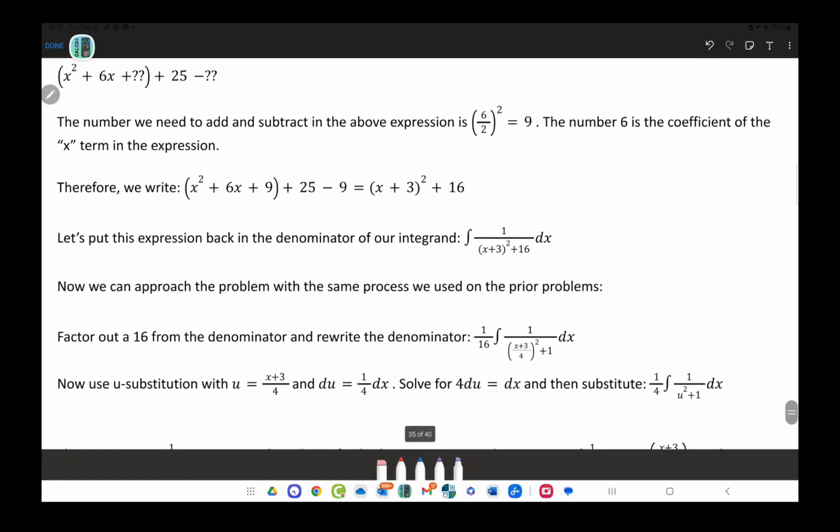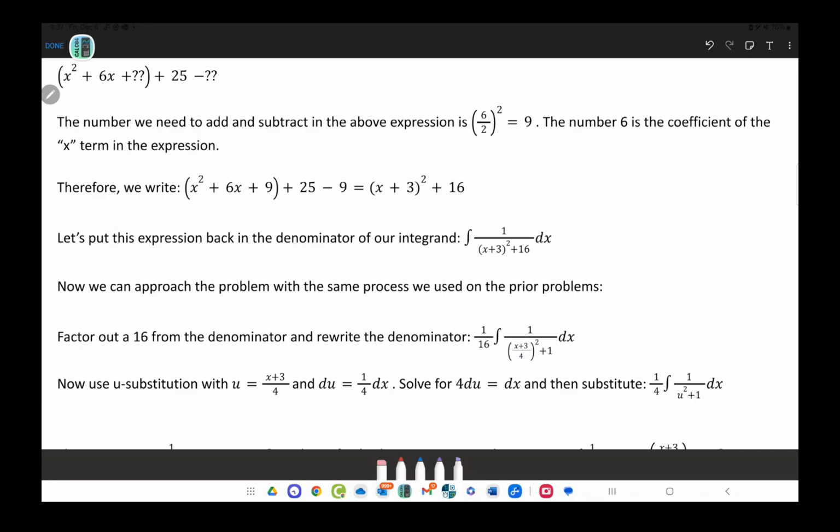Alright. Now, since I have a function squared plus 16 in my denominator, this somewhat represents an inverse trig function, arctangent. But in order to get arctangent, what do I have to have? I have a plus 1.